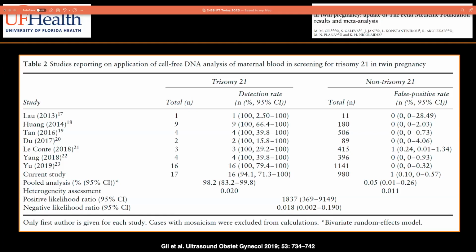So looking at some of the meta-analyses we have, here is one from Nicolaides' group in the White Journal in 2019, where they found, using their pooled analysis, 98.2% detection rate of trisomy 21 for a false positive rate of 0.05%.